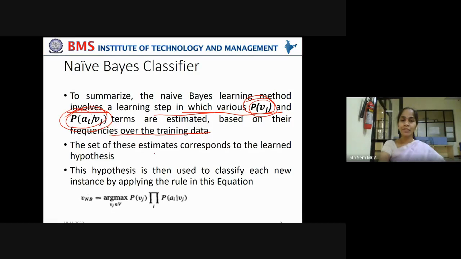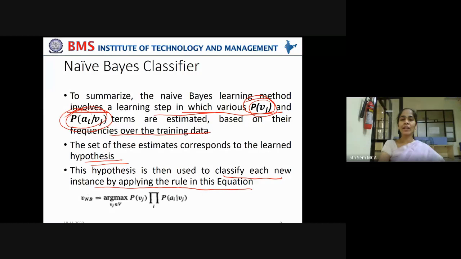Now, the set of these estimates corresponds to the learned hypothesis, right? Once we have the hypothesis, you select the most probable hypothesis. Once you have the outcome labels, you select the most frequent outcome label. That is how we need to understand it. This hypothesis is then used to classify each new instance by applying the rule in this equation.